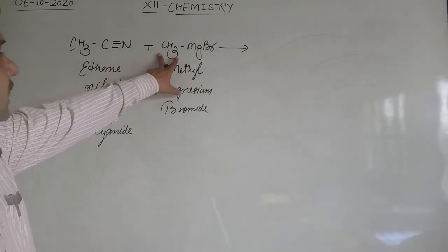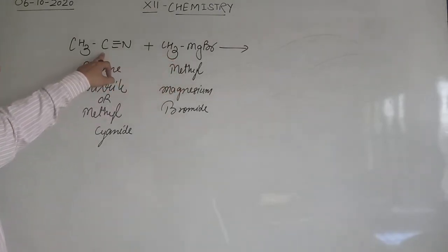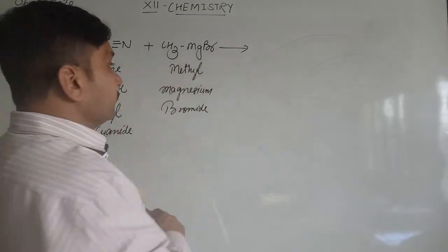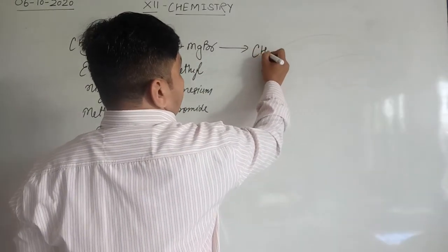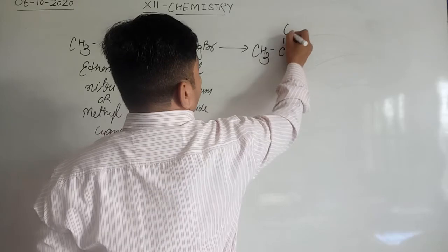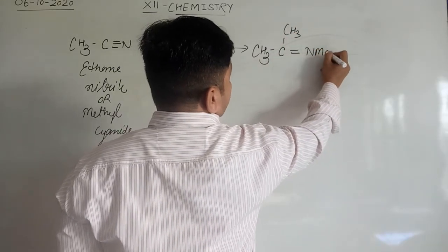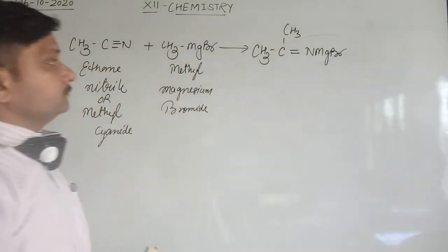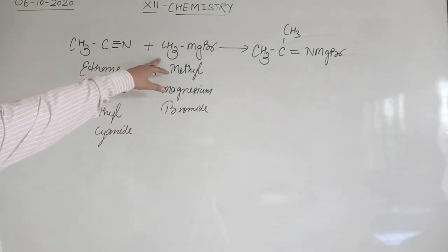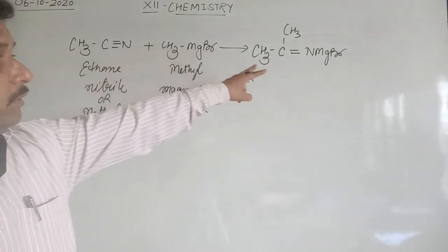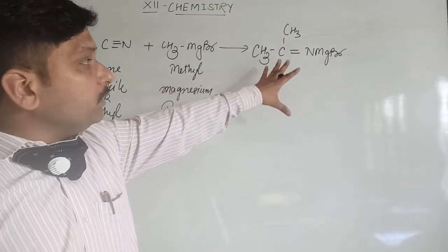So this negatively charged part, that is CH3, will attack the carbon atom, and the nitrogen approaches MgBr. So CH3 C contains CH3 with the double bond and Mg and Br. Okay, so CH3 will attack the carbon atom, and MgBr will react with nitrogen and will form this intermediate. Clear.